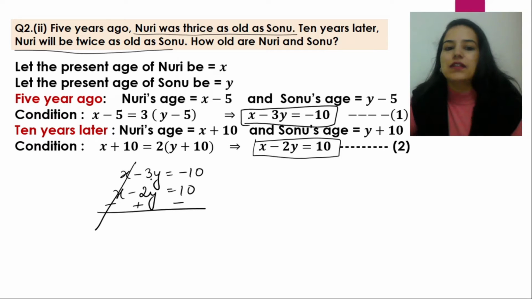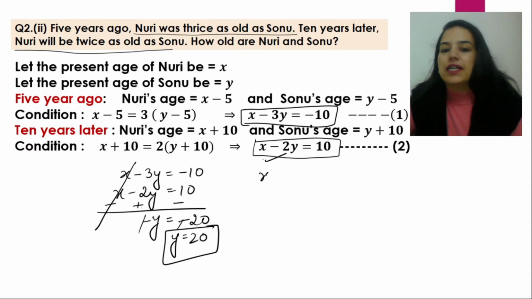This gets cancelled. Minus 3y plus 2y is minus y, and minus 10 minus 10 is minus 20. So y equals 20 years. And if I put it in any of them, here only, x minus 2 into 20 is 10, so x will be equal to 50 years.